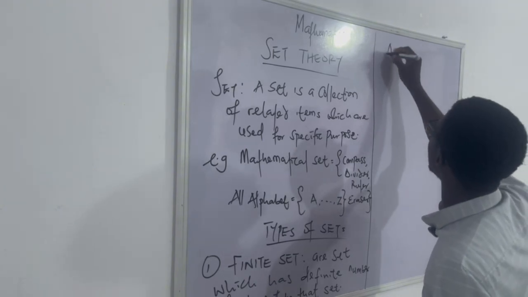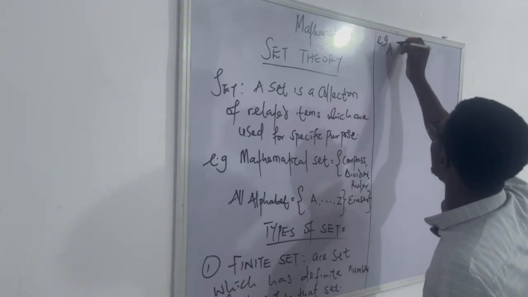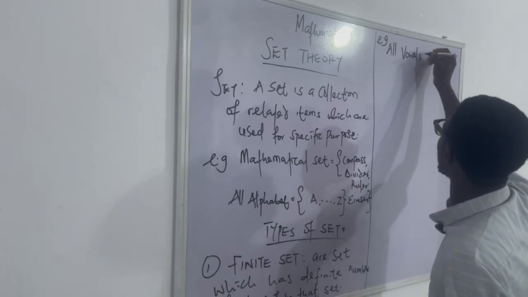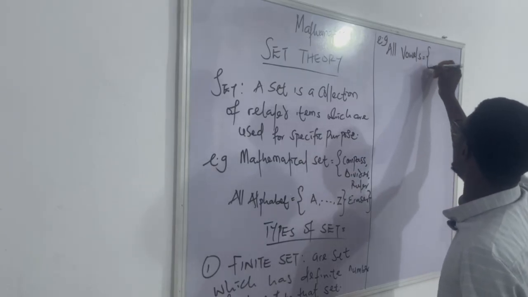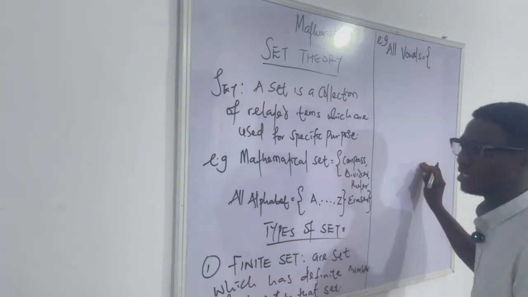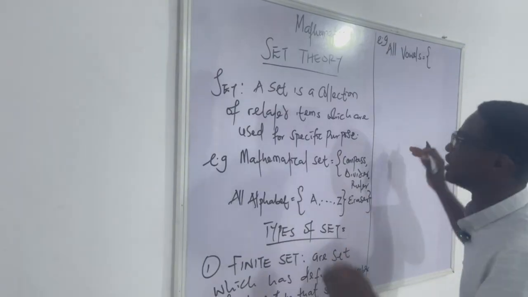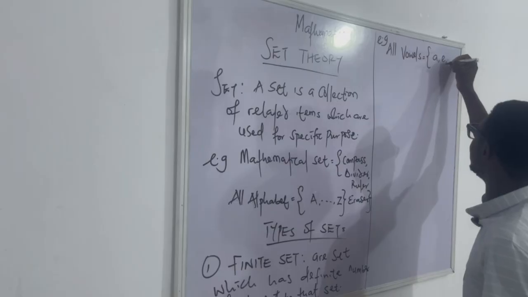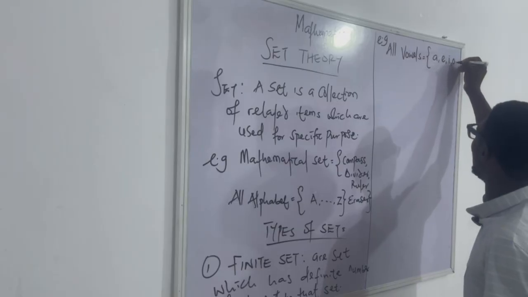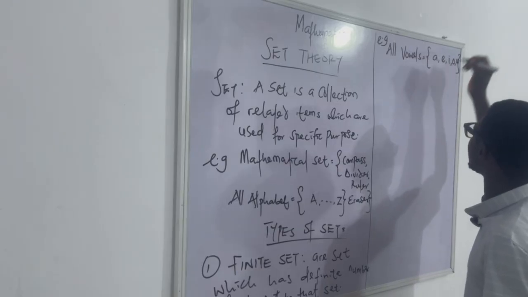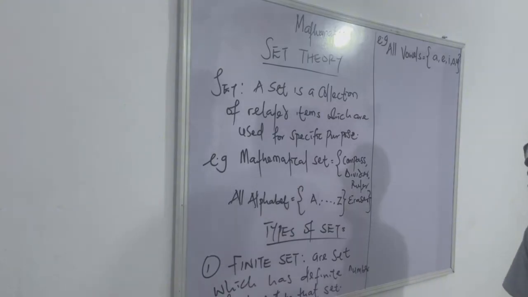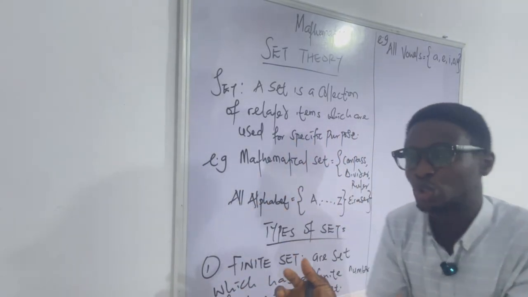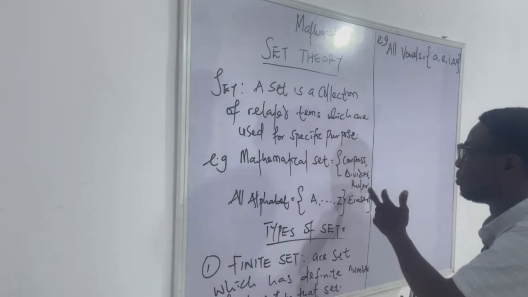An example of finite sets is all vowels. Vowels are present in letters: A, E, I, O, U. And sets are enclosed with a curly bracket.